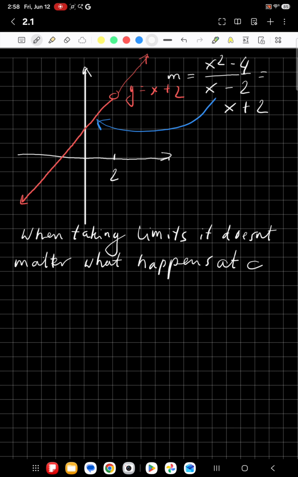It doesn't matter what happens at c. What matters is what happens close to c.